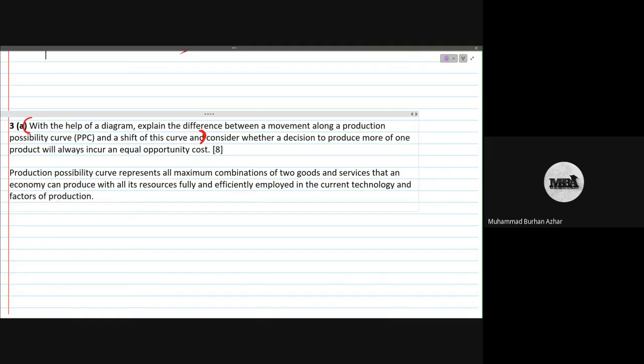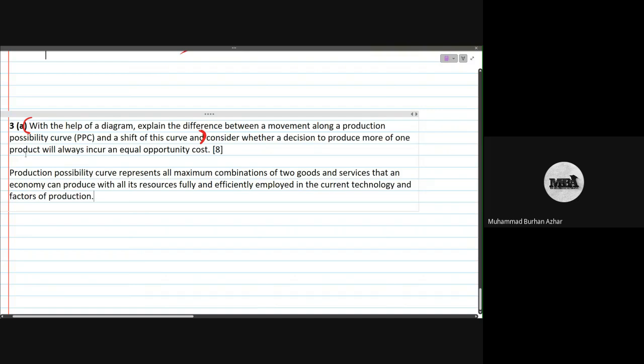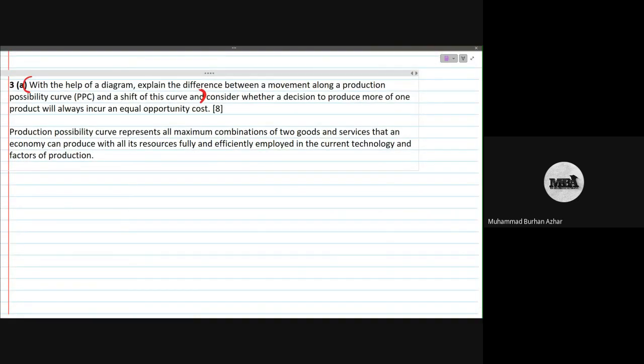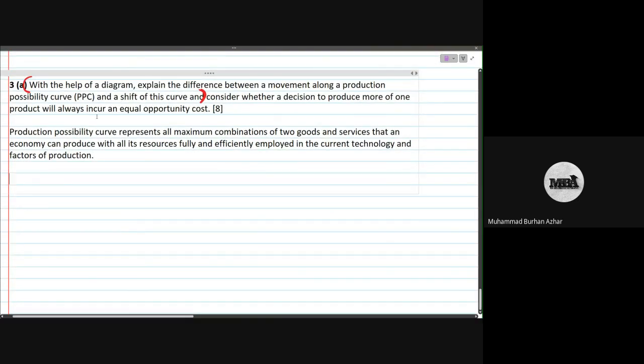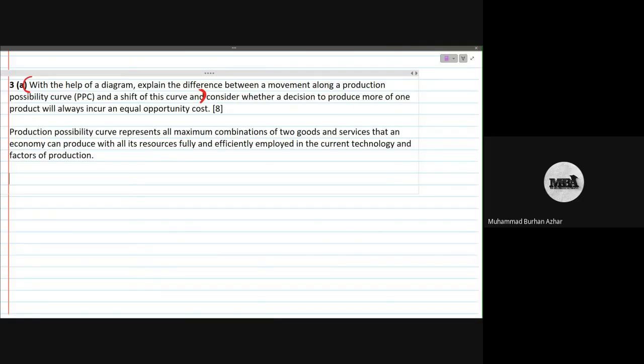Right, so we start with the definition of PPC. What PPC is, it shows all maximum combinations of two goods or services that an economy can produce with its limited resources, given that the state of the technology or factors of production अभी change नहीं हो रहे.